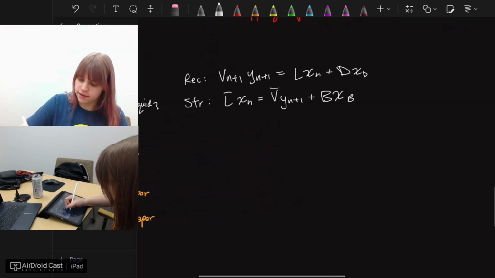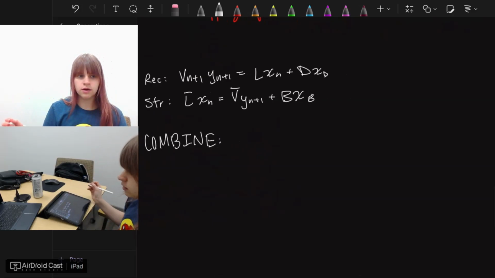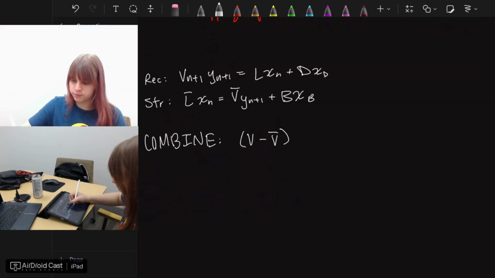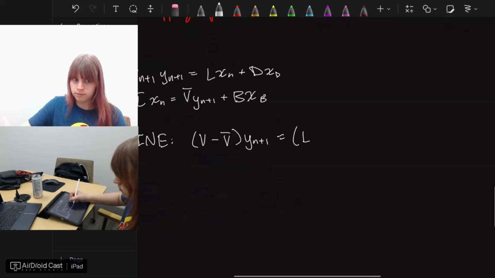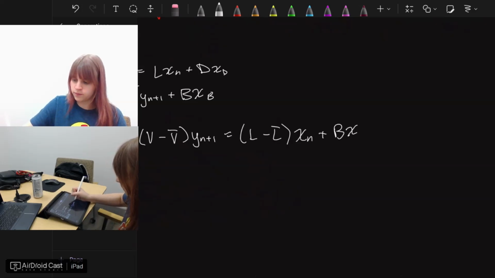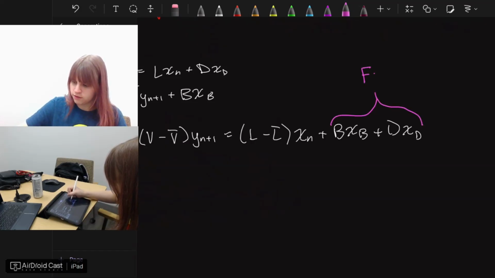And when we combine them, since the feed is technically between the two, we get V minus V̄ times Yn+1 is equal to L minus L̄ times Xn plus BxB plus DxD. And it should be noted this right here is F times ZF.